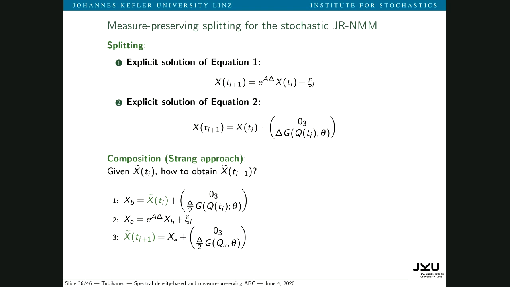You take what you get as a starting value for the SDE that you solve with a delta step, and you take again what you get as a starting value for the ODE that you solve with a delta half step. And you could also think of these steps as written down in one line, and then this would replace, for example, one step of Euler-Maruyama discretization.